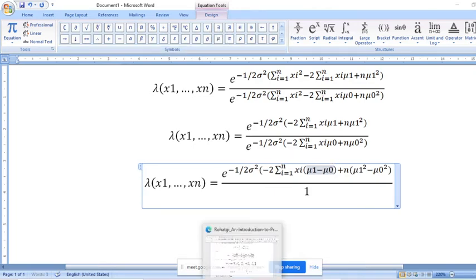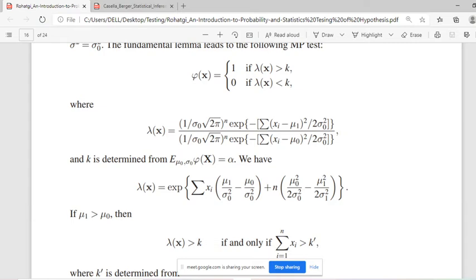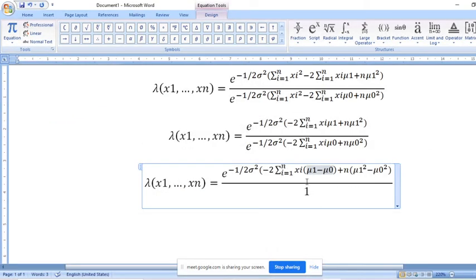Okay, I think that is the step they have given. Okay, this 2 can be taken outside.